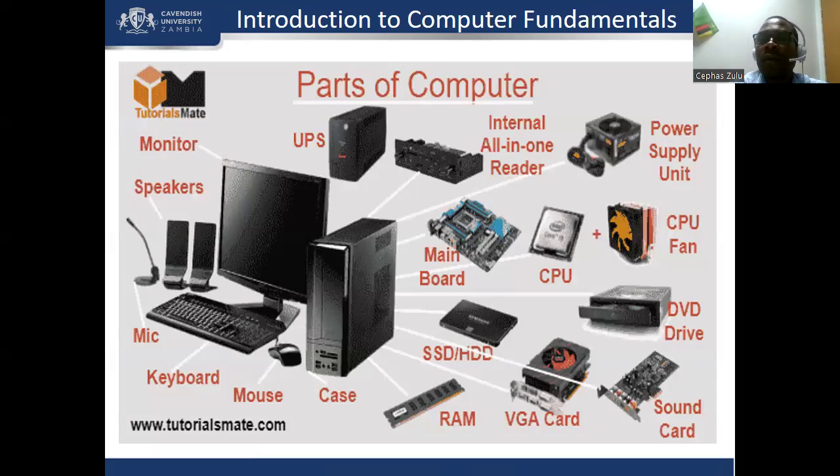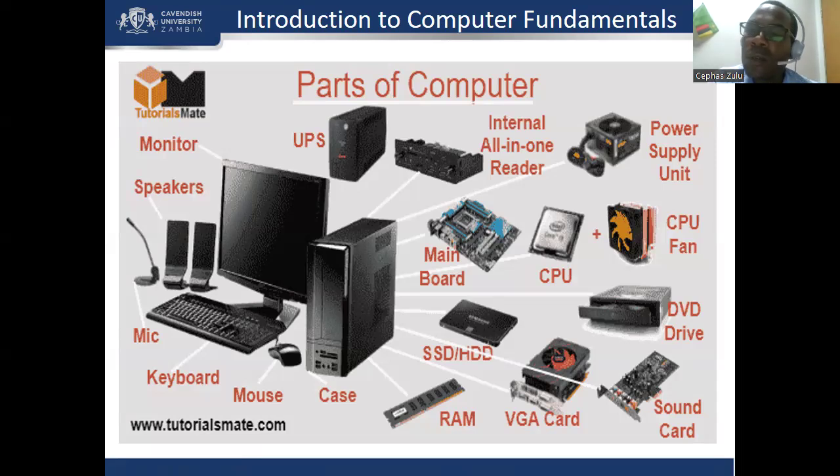But now, when you look at the parts that make up the computer, that is the system unit. When you open up the system unit, you're going to find things like the motherboard, the CPU, which is short for central processing unit.